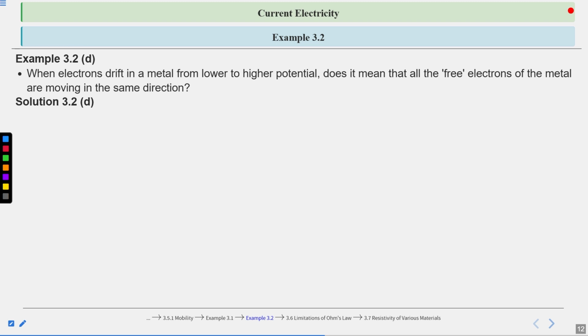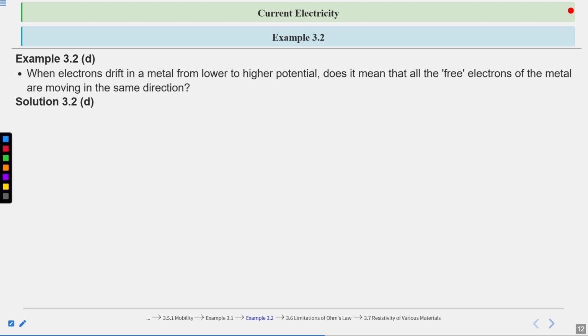The only change in the two paths is that the dotted path is just drifted in the direction opposite to the electric field, but the random path is not changed. So electrons possessing high thermal speeds will only get drifted from their actual path, but not exactly take the same direction from lower potential to higher potential.